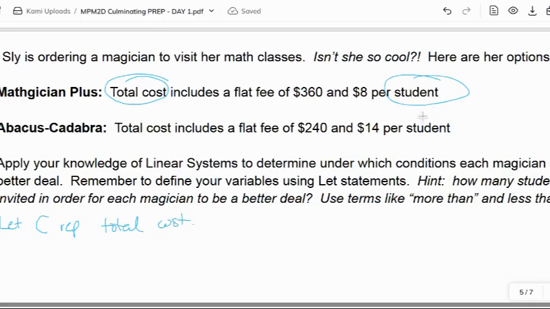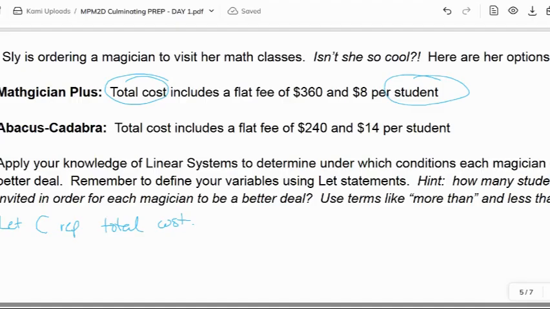And then for the number of students, what should I use? I'm going to use N so that I don't forget. Because listen to this, this is not correct: if you say let S represent students, that is actually incorrect. Is it how tall the students are? How pretty they are?